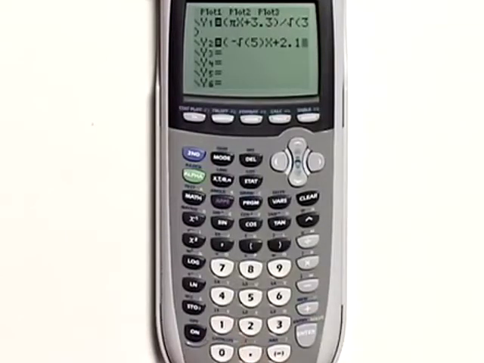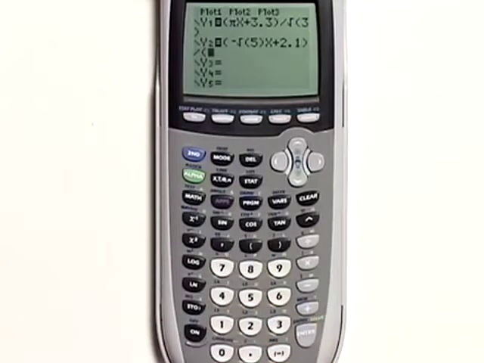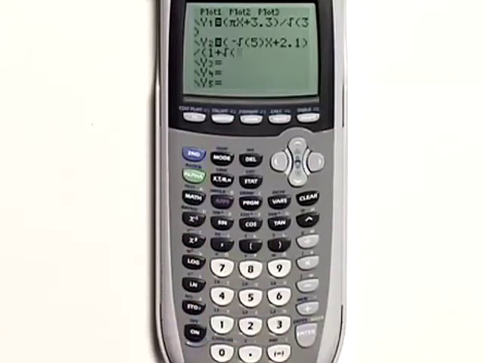Now we close the parenthesis. We hit the division symbol, which gives us the slash, and now we need to open a parenthesis, enter 1, then the plus key, and the square root of 2, so we go second and the square root key. We enter 2 inside there and close the parenthesis for the square root, and then we need to hit the parenthesis key again. So those are our two equations.